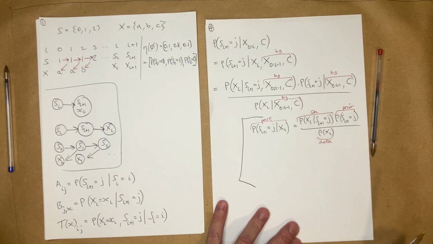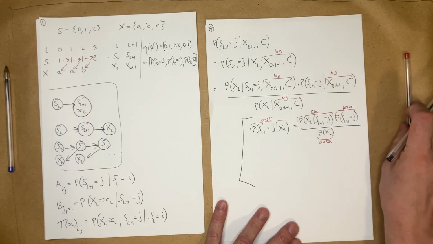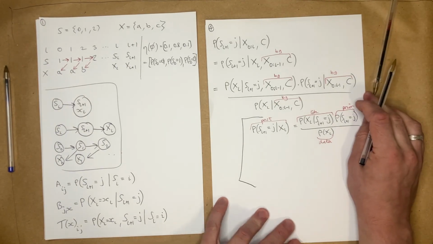So that's just the traditional form of Bayes' theorem, and hopefully from that perspective what I've written down makes a bit more sense.